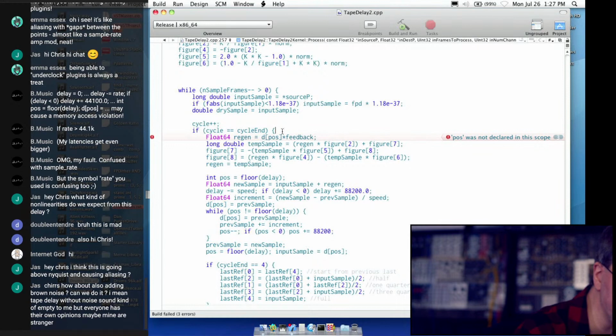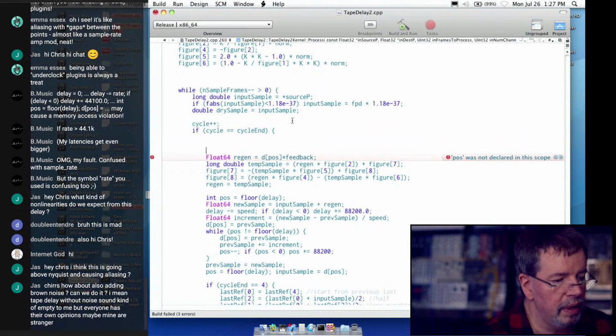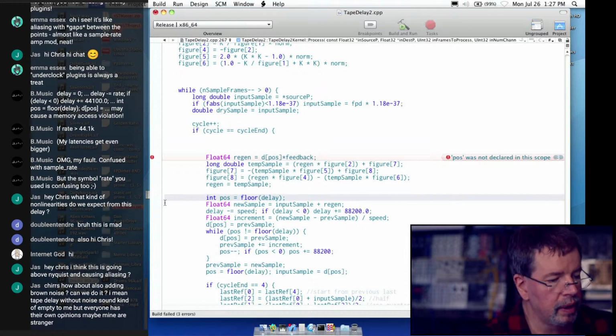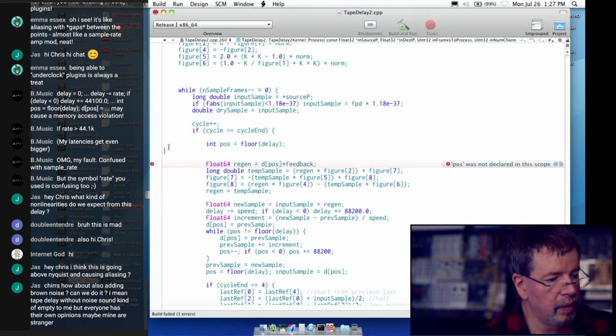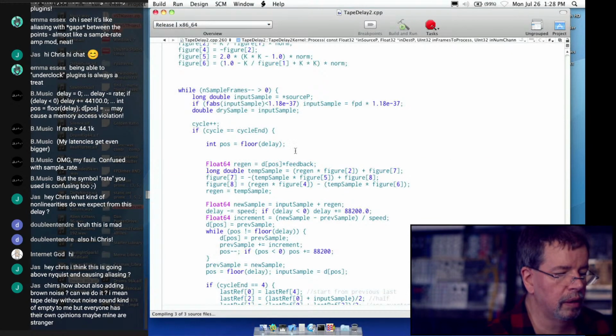I moved that. Regen goes through this filtering, but that needed to be defined here. That's what it wanted.